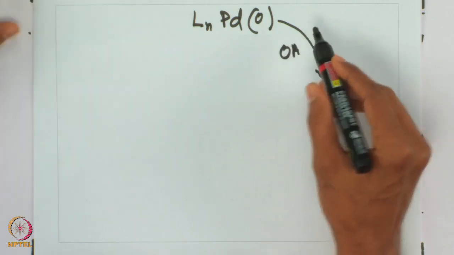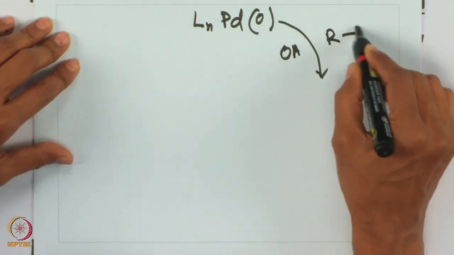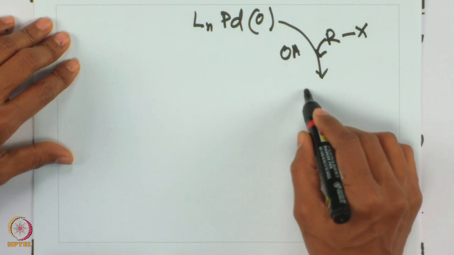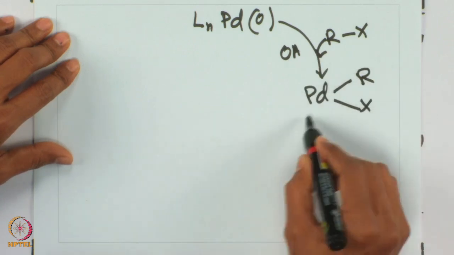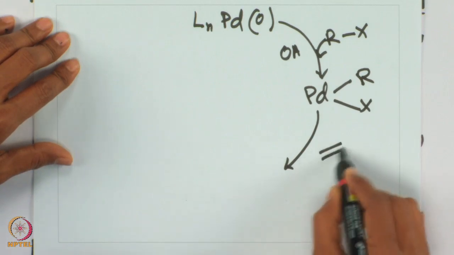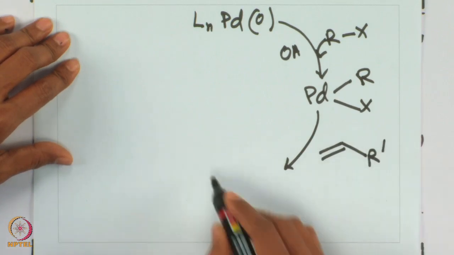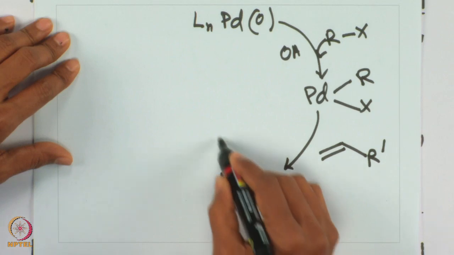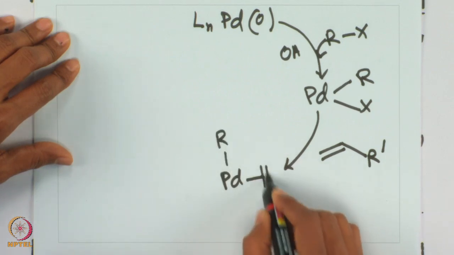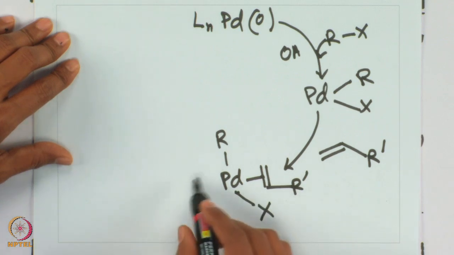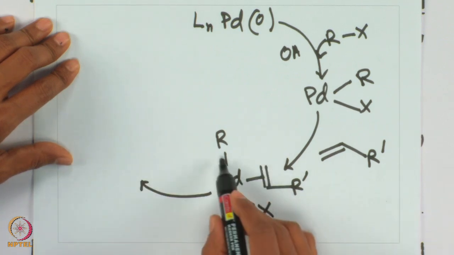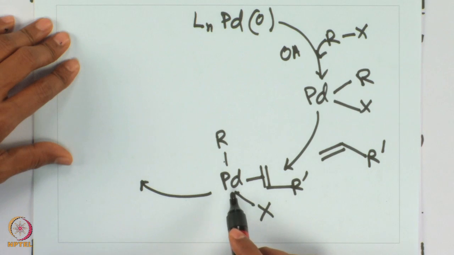The first step is oxidative addition, and overall we will have a palladium R-X intermediate, which is the same as before. It will react with the olefin, and from there on we have olefin coordination, just coordination, nothing else initially, and now we are ready for beta migratory insertion.